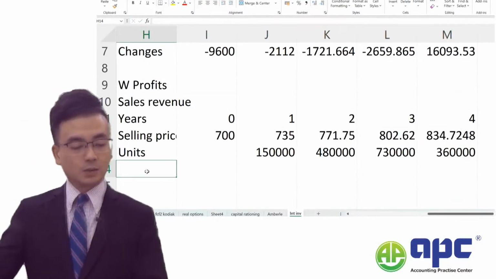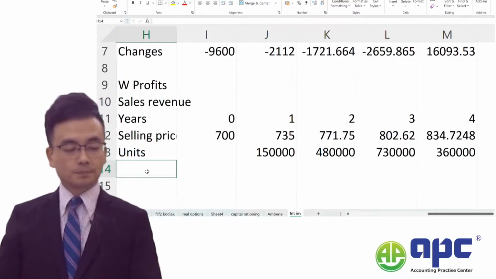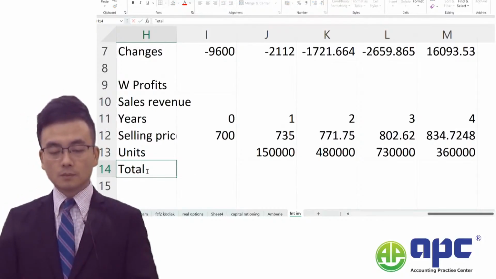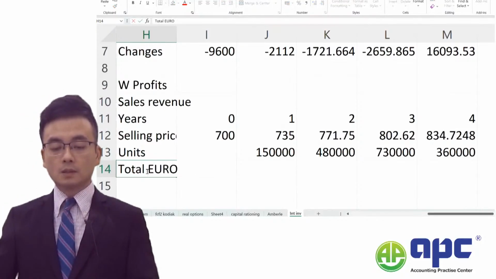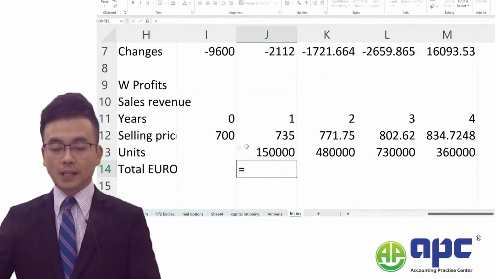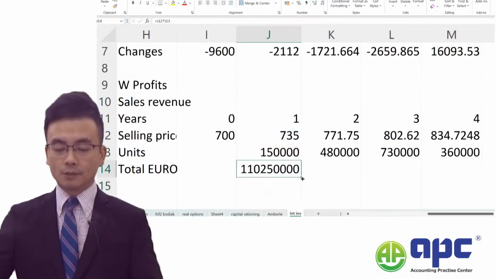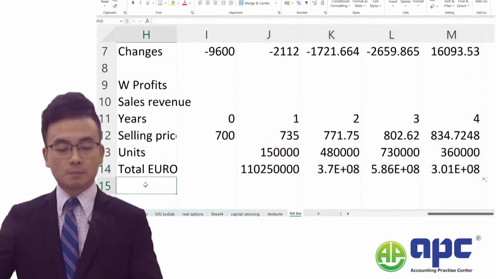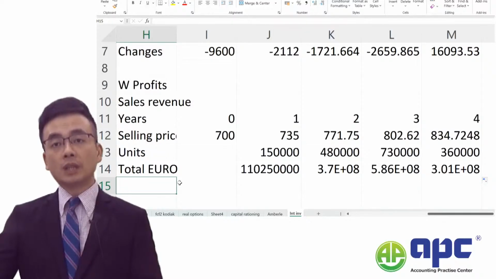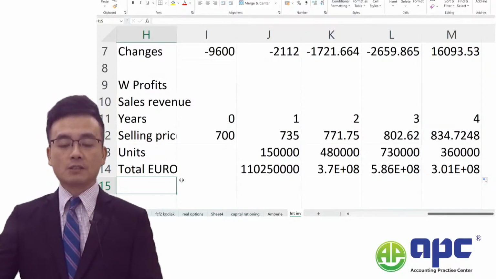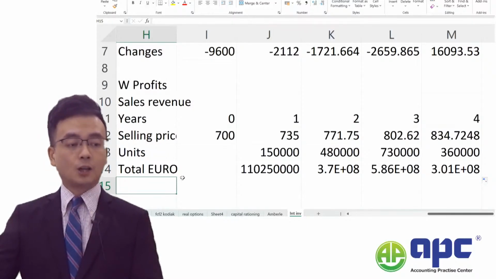So we can work out the total revenue. We take the selling price times the unit, and then drag it across. But don't forget that we will need to show that in Yulanzi Ren, which means the YR currency.